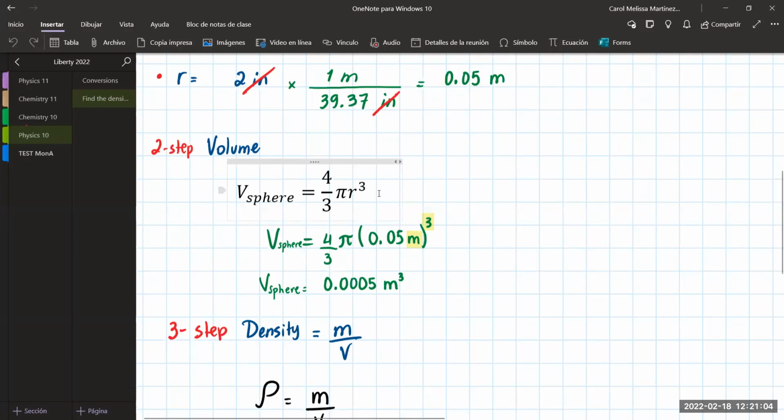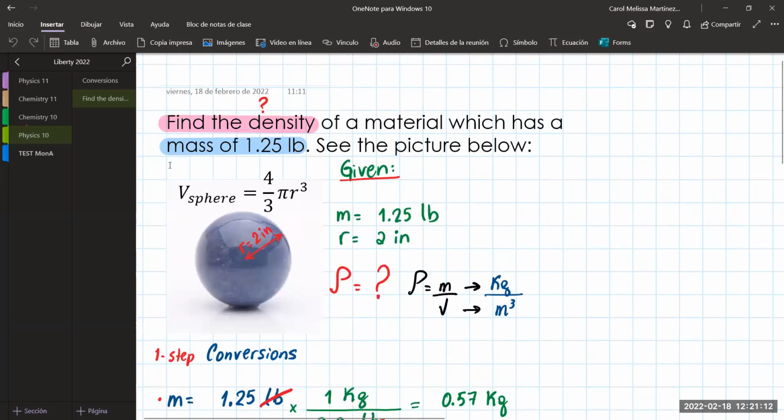Do we have to memorize the formula? No, I will give you the shape and the formula, just like I've been doing so far. On Monday, I gave you the formula for cube and prism, and today I gave it to you for a sphere.